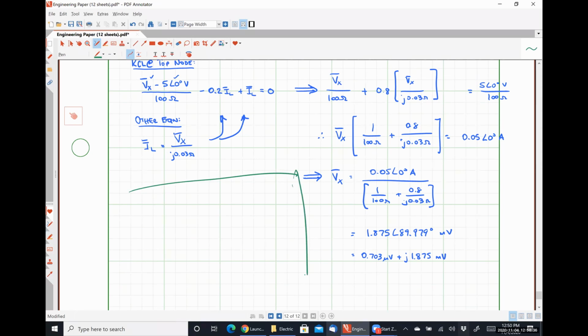How do I find IL? Well, we have an equation for it right up here. So we simply take our voltage Vx, 1.875 angle 89.979 degrees millivolts, and we divide it by the impedance of our inductor. So divide that by 0.03j.